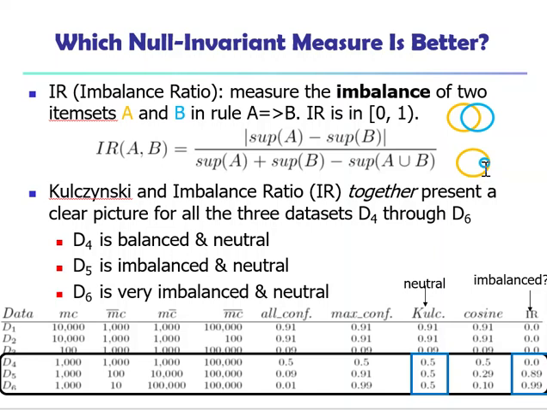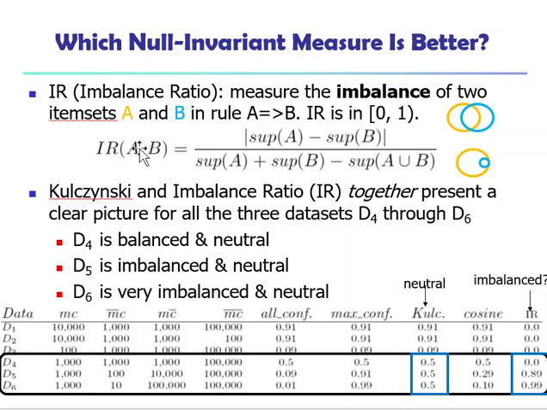In the other extreme, when the support of A and the support of B are very different, everybody purchasing B also purchases A, but only a very small number of transactions containing A also contain B. In this situation, the support of A and support of B are very, very different, and the denominator is reduced almost to just the support of A. So the imbalance value approaches 1.